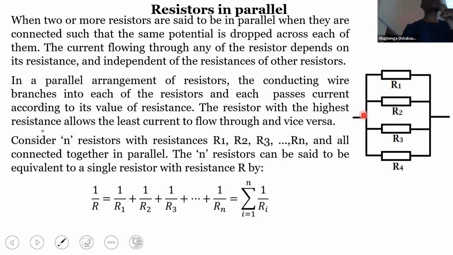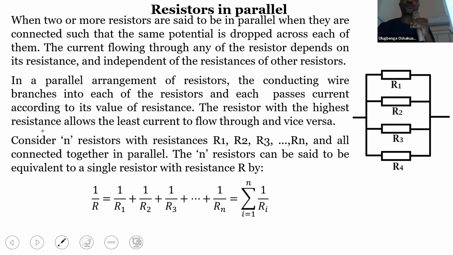But when current comes in from the left, some will go through R1, some through R2, some through R3, some through R4, and they will all meet at this point and continue their journey. R1, R2, R3, R4 may have different values, and when they do, you should not expect the same current to flow through them.